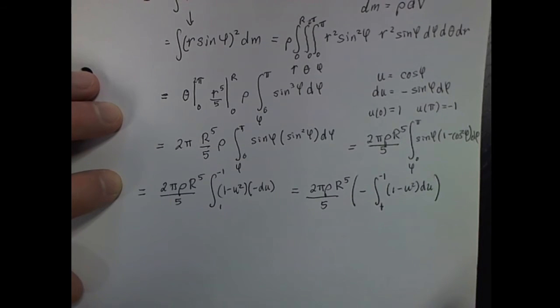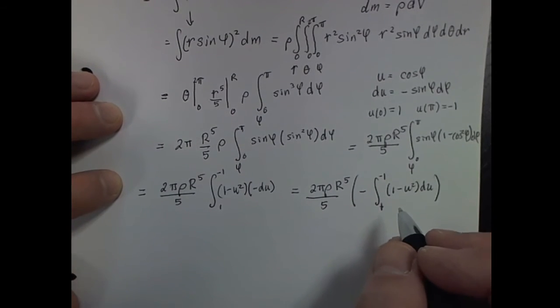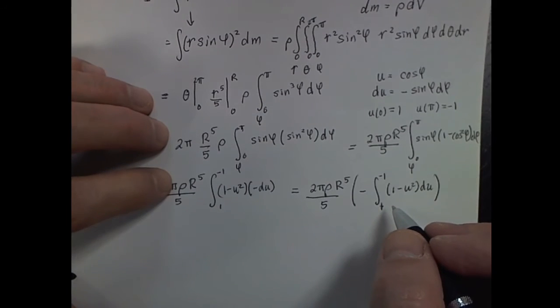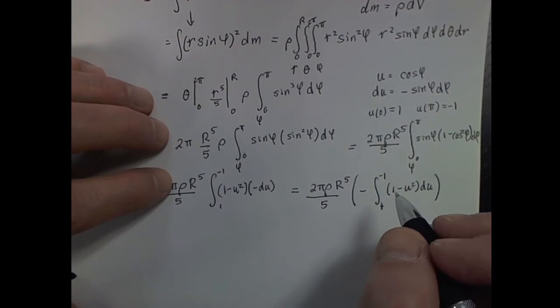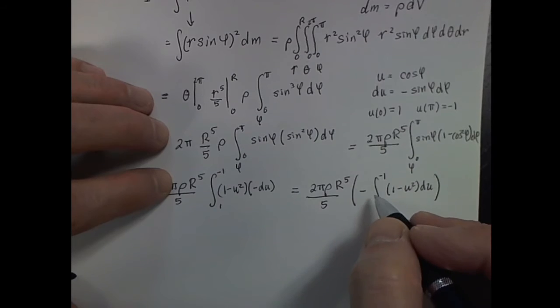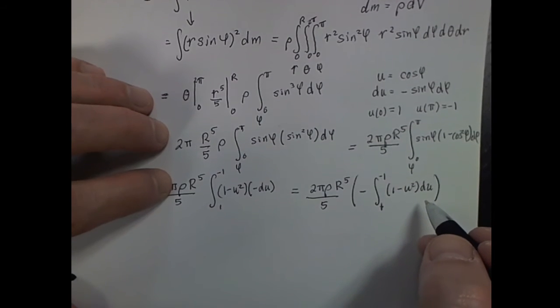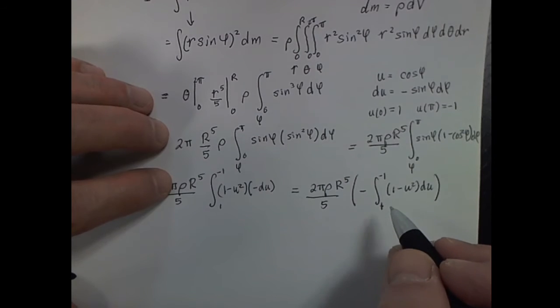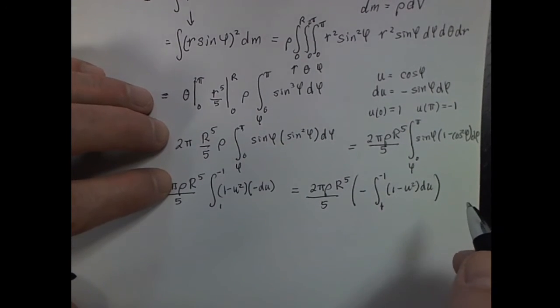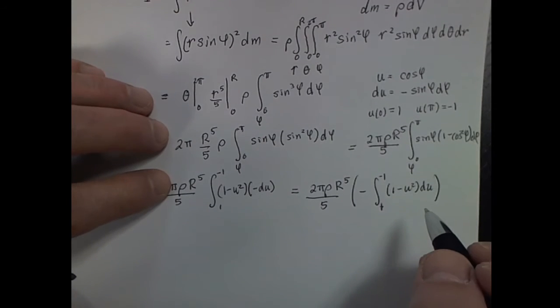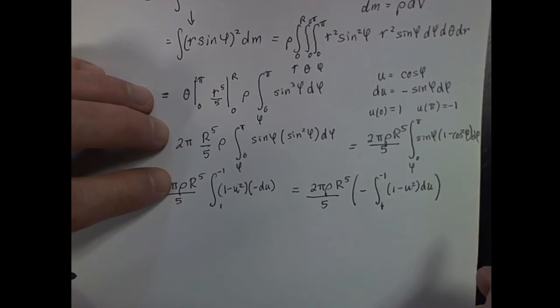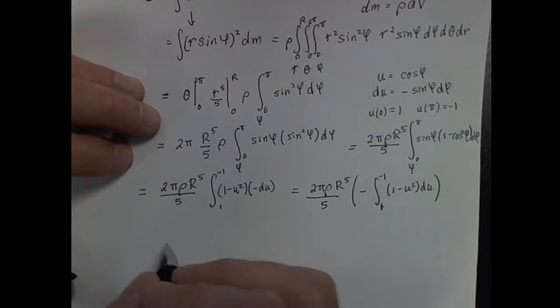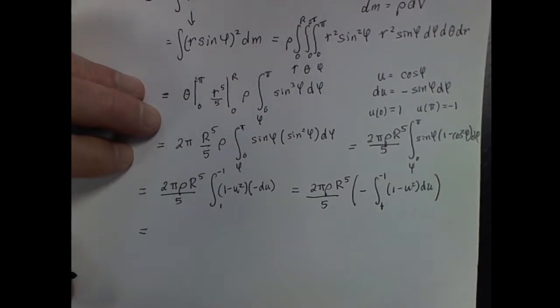Now I could just swap the limits, and I could use the idea that this has symmetry, so I could just do 2 times the integral from 0 to 1. That would definitely make the algebra a little bit easier than having a bunch of minus signs. But let me see if we can do it without doing that.